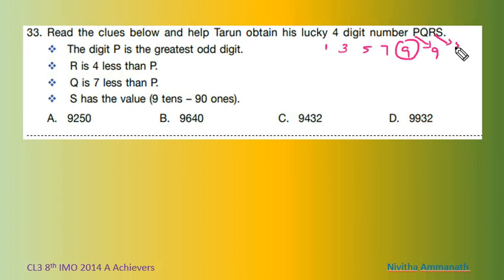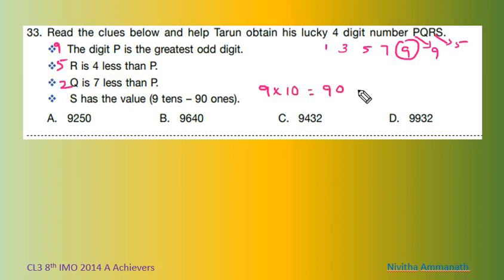So R is 5. Then Q is 7 less than P. 7 less than P means 9 minus 7. That is 2. So Q is 2. This is 5. This is 9. Then S has the value 9 tens minus 9 ones. 9 tens means 9 into 10.